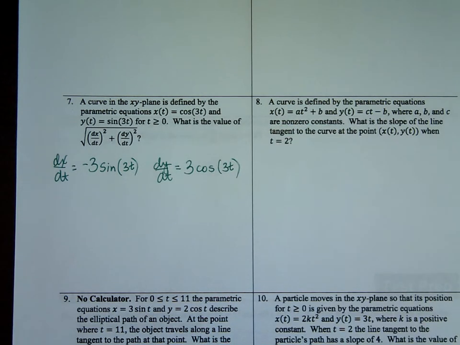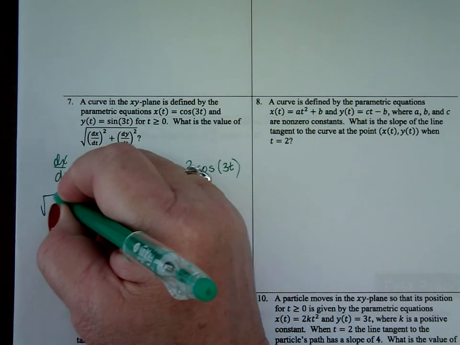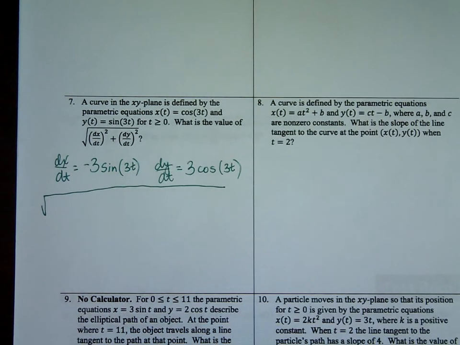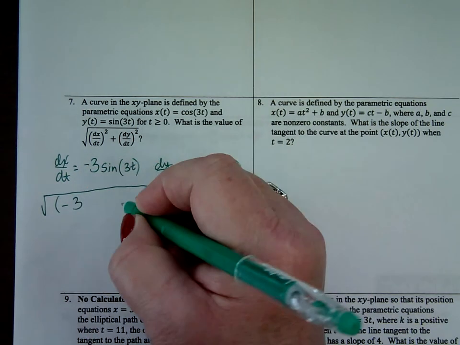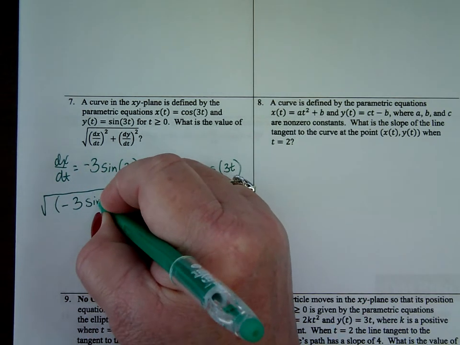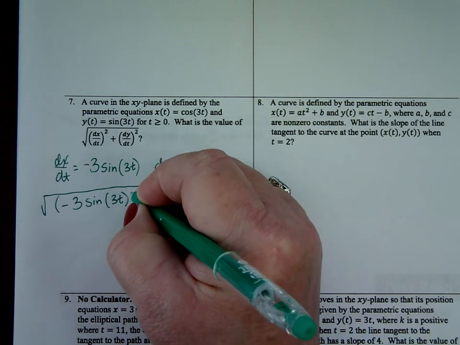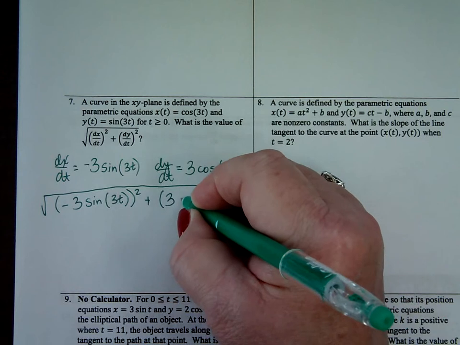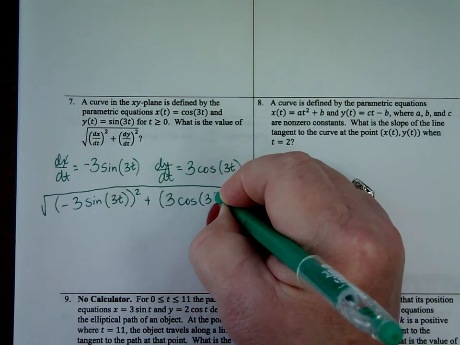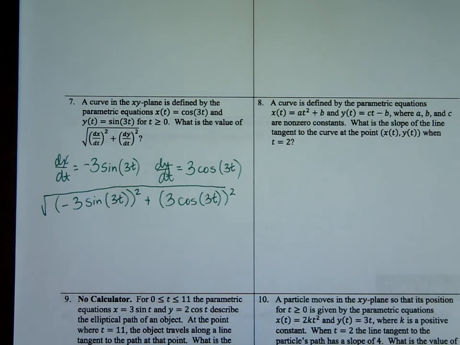See what it looks like. Square root, big guy. Oh, that's crooked. All right, I'm going to have negative 3 sine of 3t squared plus positive 3 cosine of 3t squared. Filled it in.